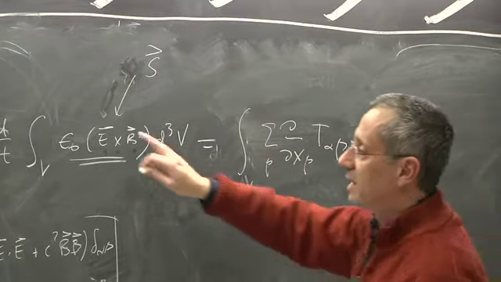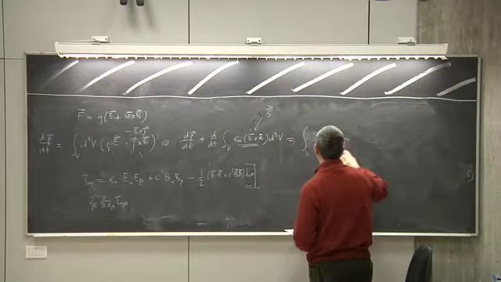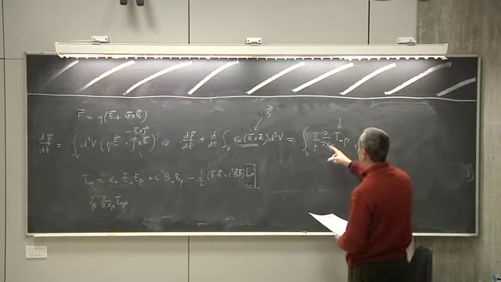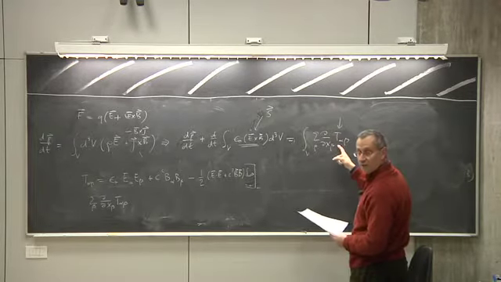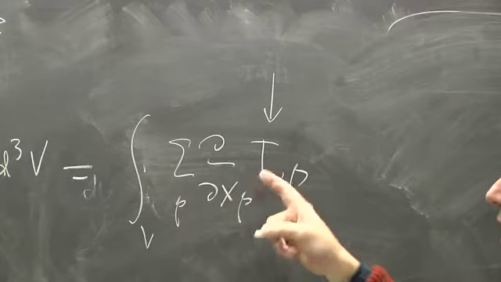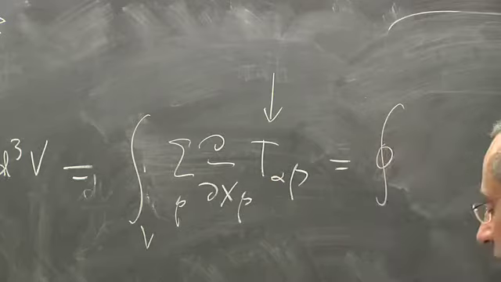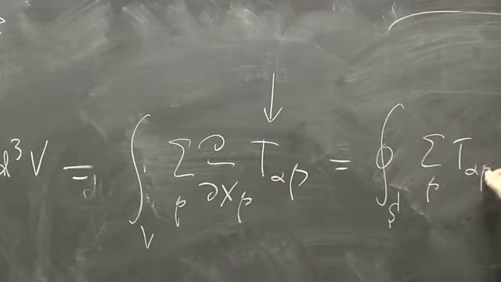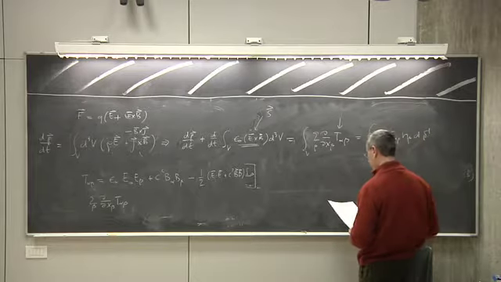So now you see that the change in momentum, the momentum that is flowing, is given by this integral over the derivative of this. But you see, this is like a sort of divergence of a tensor. So I can use Gauss' theorem to write this volume integral as an integral over the surface of the normal component of this tensor across the surface.